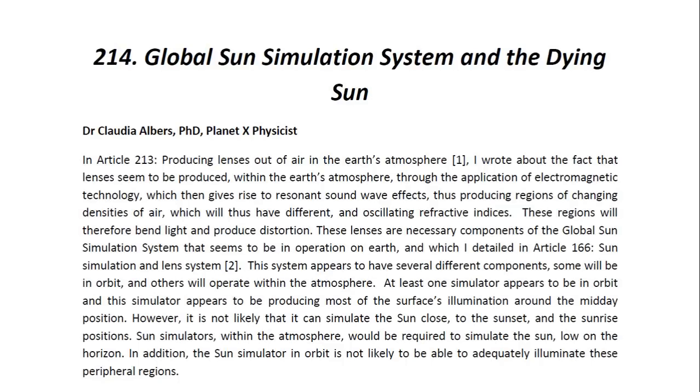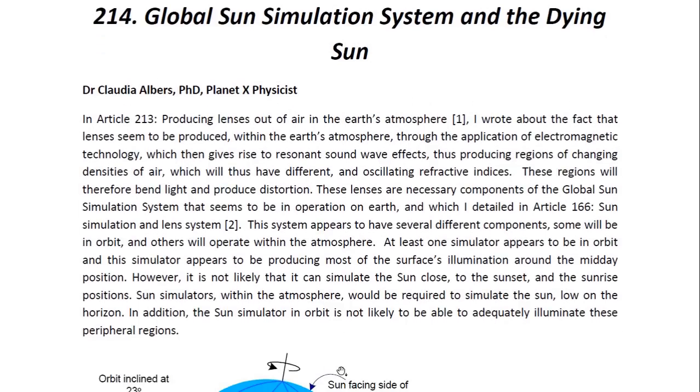These lenses are necessary components of the global sun simulation system that seems to be in operation on Earth, which I detailed in Article 166 entitled Sun Simulation and Lens System. This system appears to have several different components. Some will be in orbit and others will operate within the atmosphere. At least one simulator appears to be in orbit, and this simulator appears to be producing most of the Earth's illumination around the midday position.